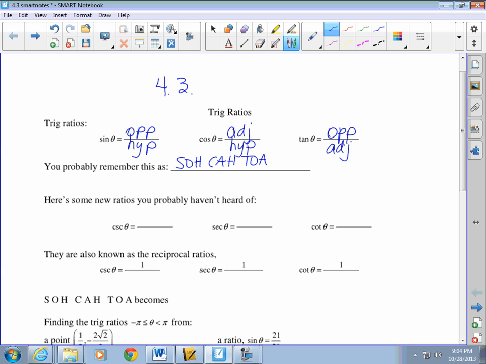So cosecant is the reciprocal of sine, and that means that its ratio is hypotenuse over opposite. Secant is the reciprocal of cosine, so that makes it hypotenuse over adjacent, and cotangent is the reciprocal of tangent, which makes it adjacent over opposite. Okay?